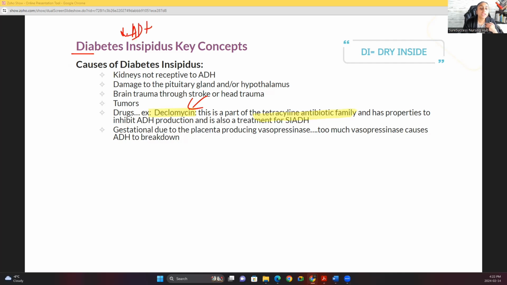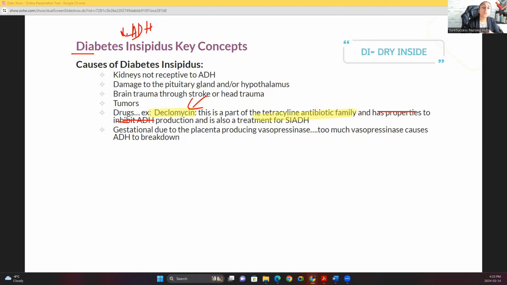It has the property to inhibit the ADH production, and it is also a treatment of SIADH, not a cause. So in case you are on this particular medication, it will stop ADH, so your ADH will be low and it can cause diabetes insipidus.